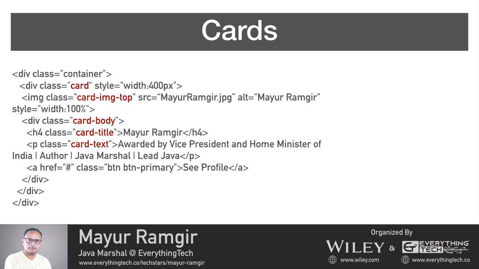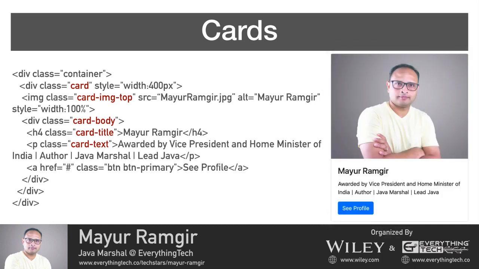The content of the card is defined in the body part, which is denoted by the class card-body. This has the card-title class to specify the title of the card and card-text to specify the card content.